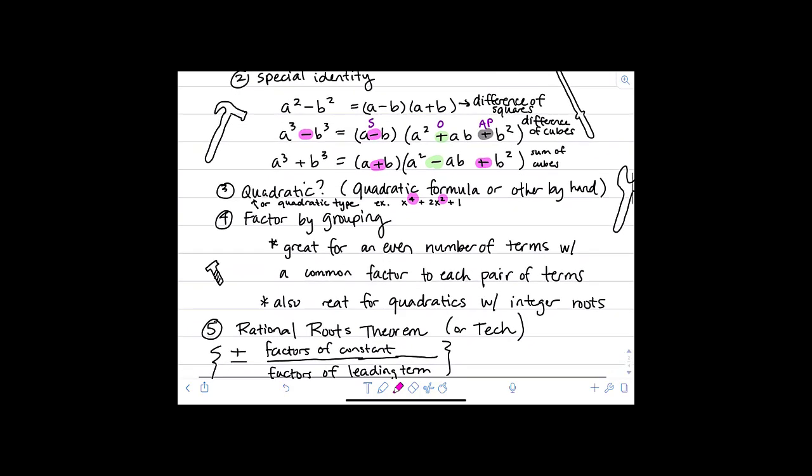Okay, next, let's say we still need to factor something. Next, we'd probably try factor by grouping. So factor by grouping is really nice for when you have an even number of terms and you can see that in pairs, your terms have a common factor to each pair. So it should be the same common factor, and you'll see it in each set of pairs. And this doesn't always work, definitely. There's definitely things with an even number of terms where you can't do this.